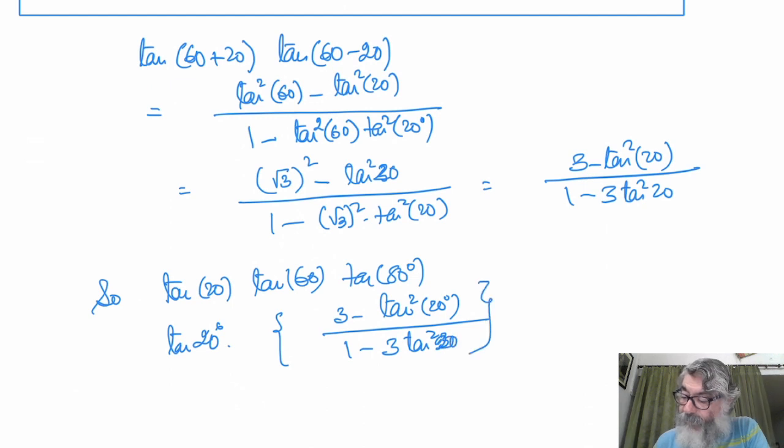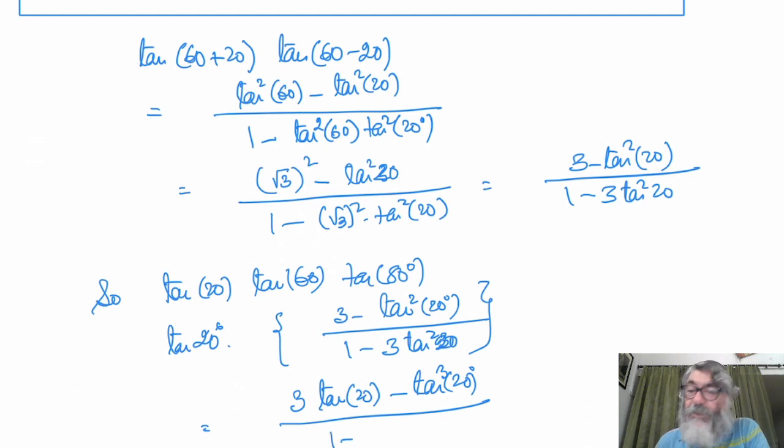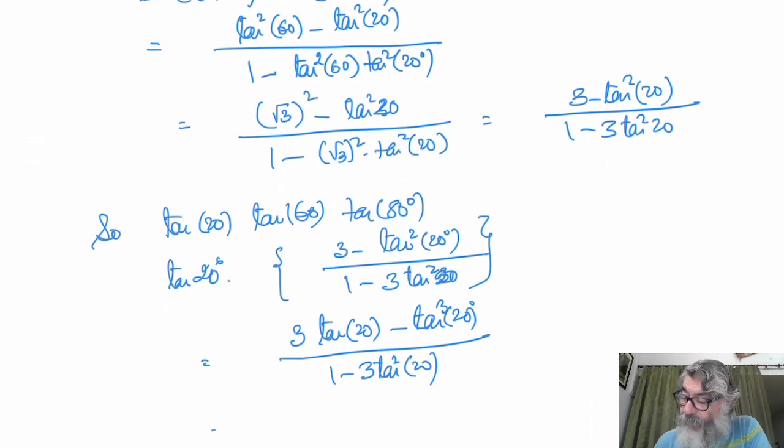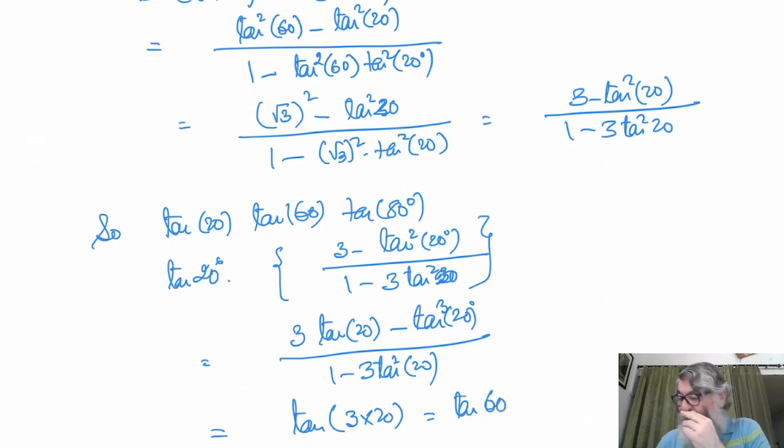When you multiply it by tan 20, that will become 3 tan 20 minus tan³ 20 upon 1 minus 3 tan² 20, which is nothing but tan 3 theta. It is tan 3 into 20, which is tan 60. Tan 60 is root 3.